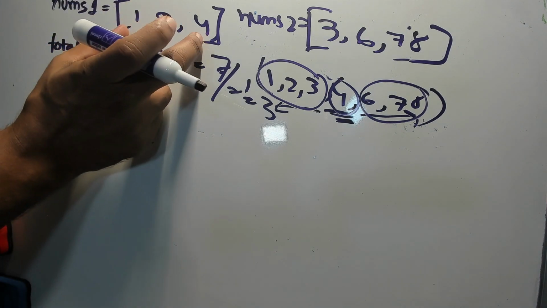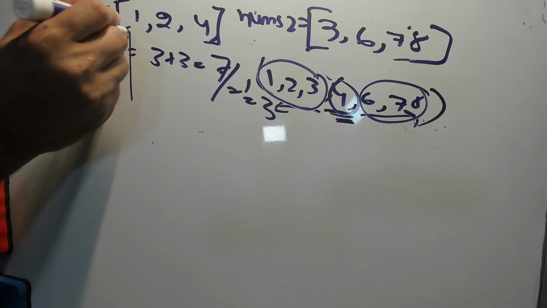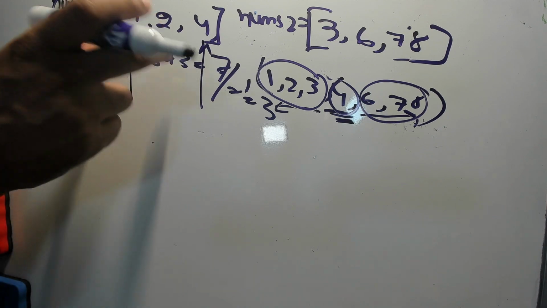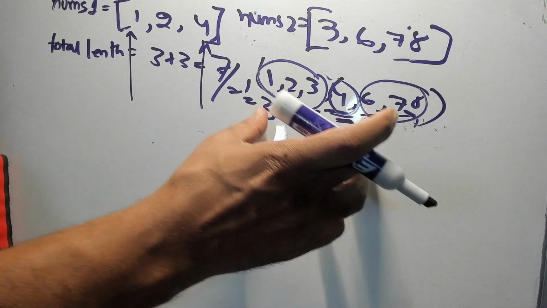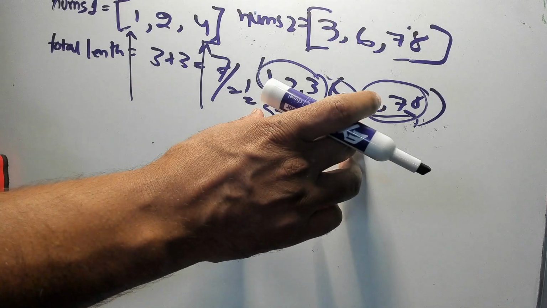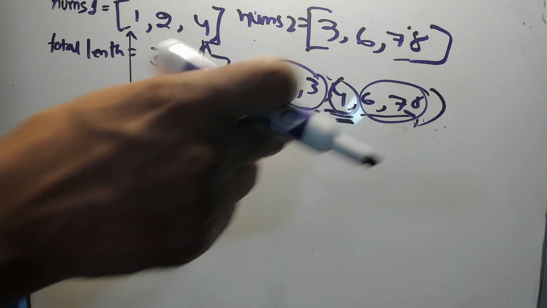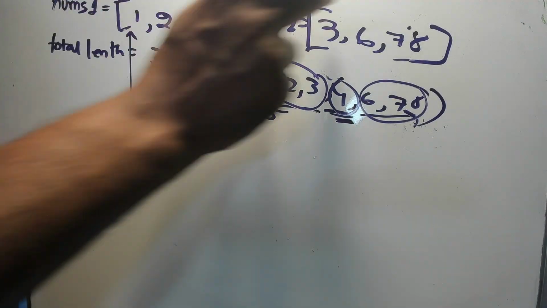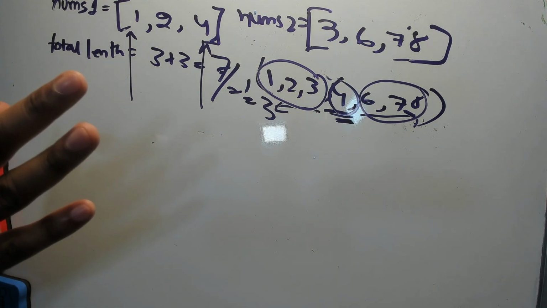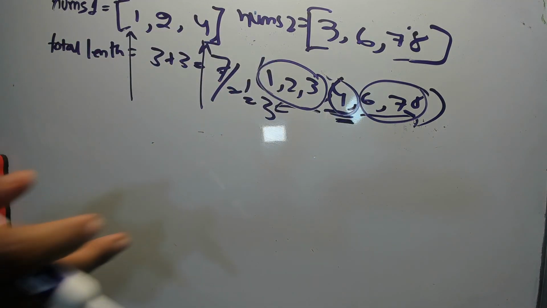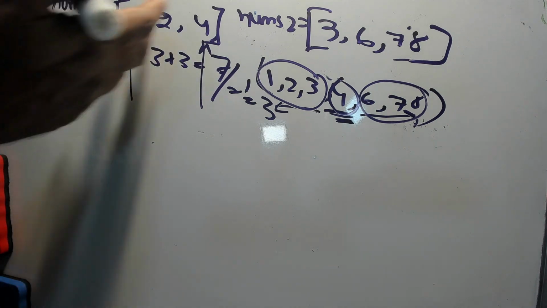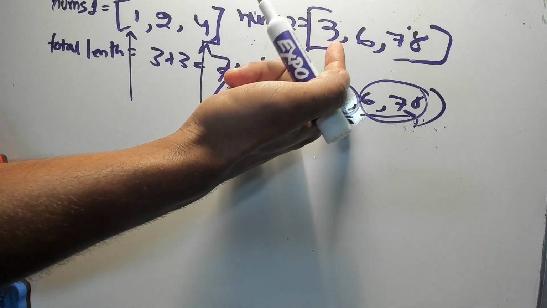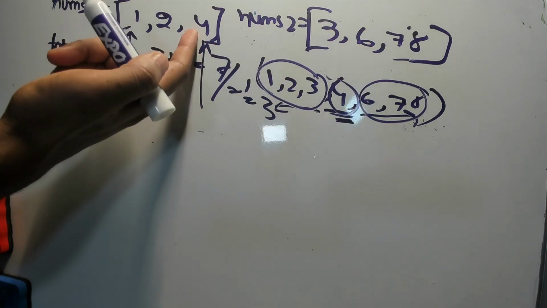We're going to run our binary search on the array that has fewer elements, and our goal is to select 4 items from nums1 and nums2 in a sorted way, so that the 4th position gives us our median. We cannot just select from nums1, because you see that 3 is here. The 3 needs to be picked up from nums2 to get the correct answer, that is 4.